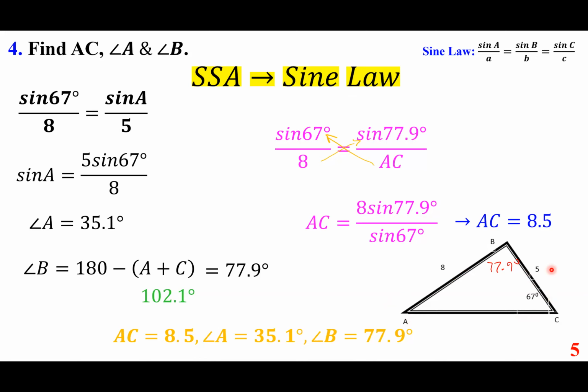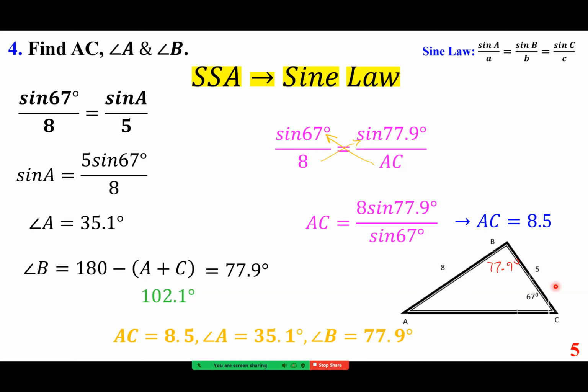Just right here. The other angle would be 180 minus that, and if you add 67 degrees to that, it goes beyond 180. Do you follow what I'm saying? Yes, I do.